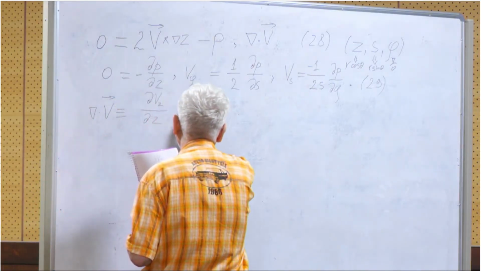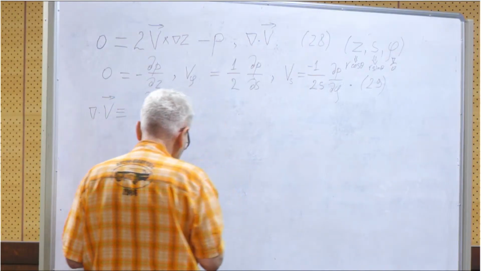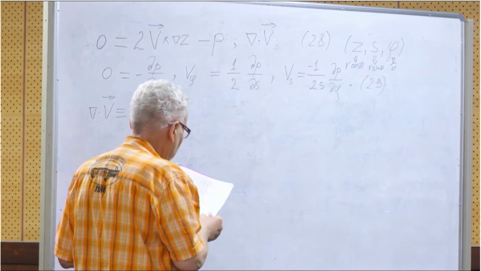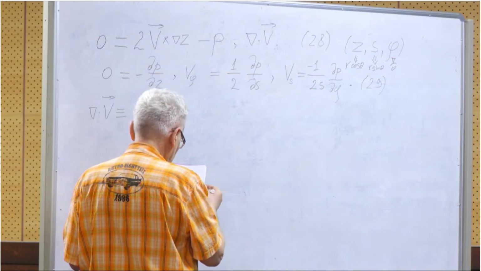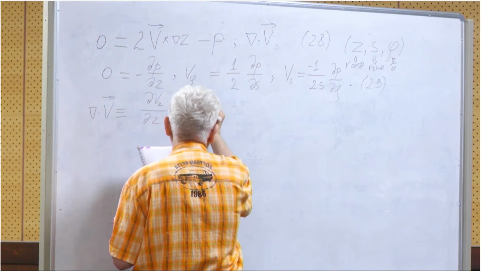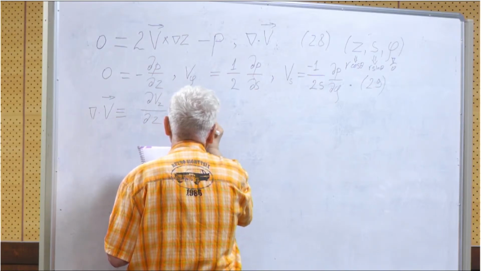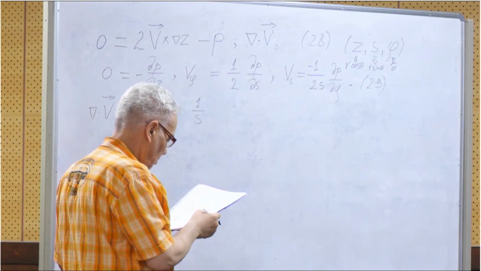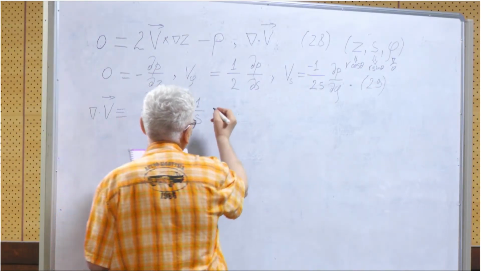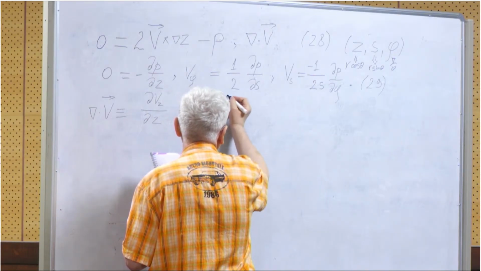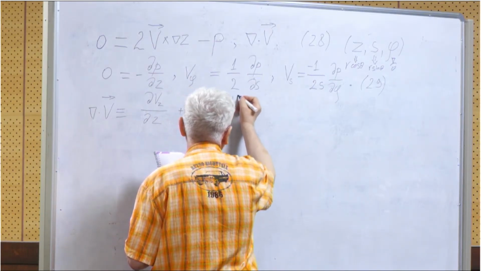Then the Lamé coefficient for the cylindrical radius derivatives is s, so it comes this way, and it should also come to the derivatives in s.